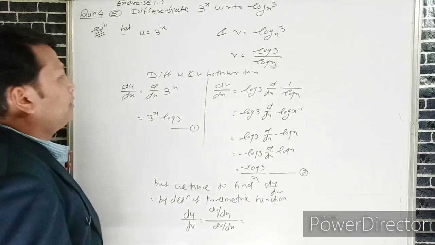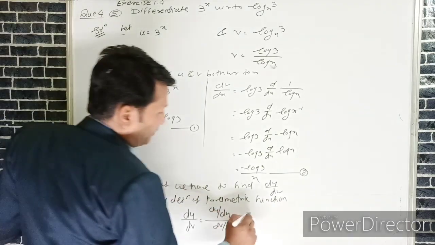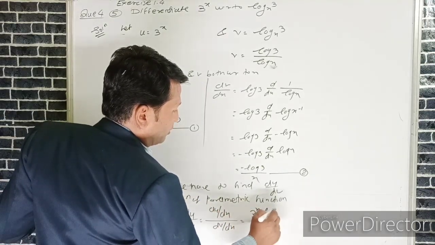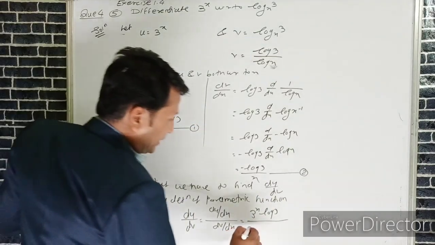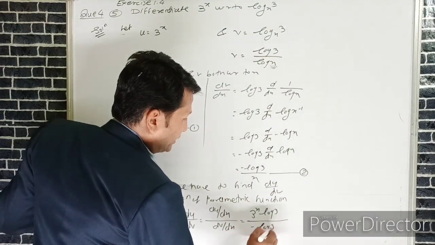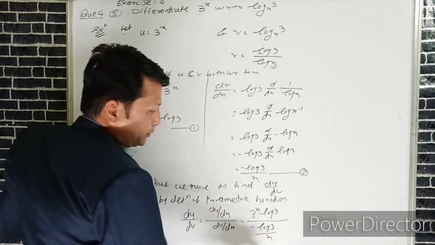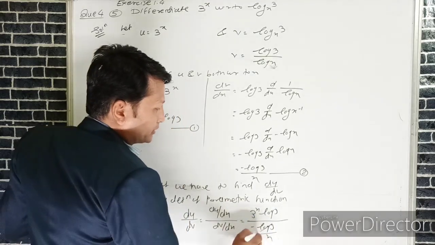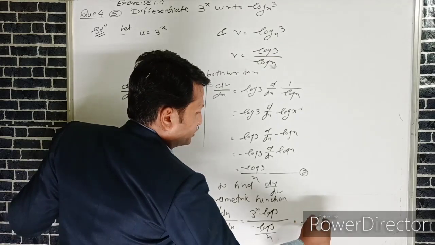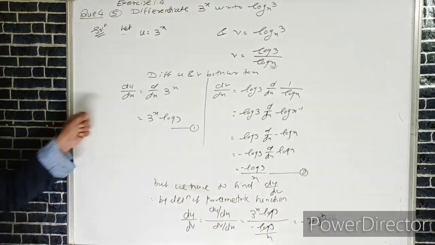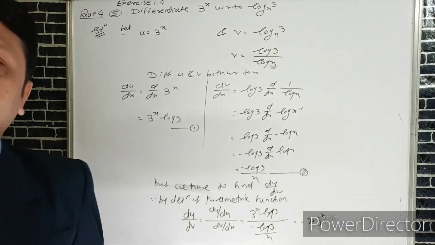We know that the value of du by dx is 3 raised to the power x into log of 3, and dv upon dx is minus log 3 upon x. If we take this x to the numerator, log 3 cancels, and we can write minus x into 3 raised to the power x, which is the required derivative du upon dv.